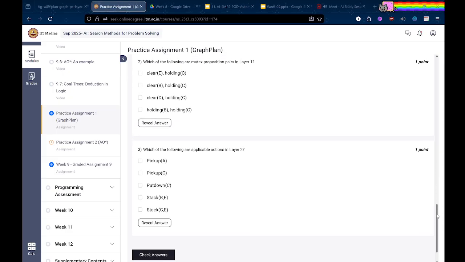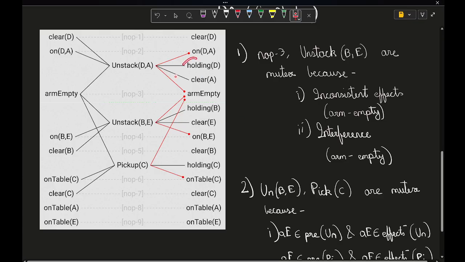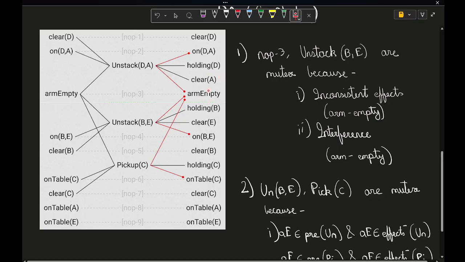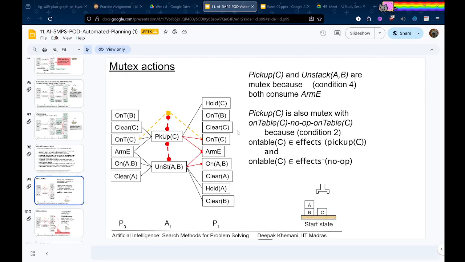So which of the following are mutex propositions? Mutex proposition pairs in layer 1. Now we are talking about this, this is layer 1. Okay, that is layer 1. So now we are talking about proposition pairs. So only one condition is there for propositions, right? And that is this one.